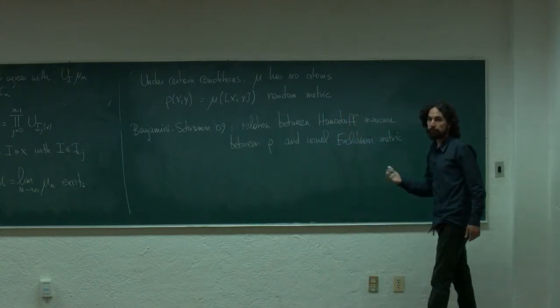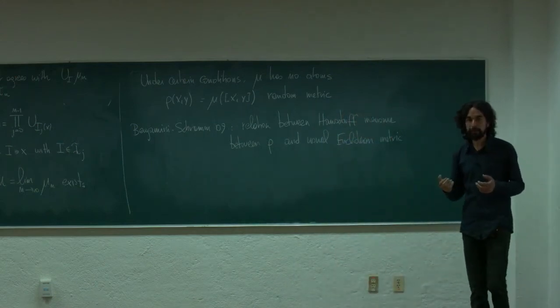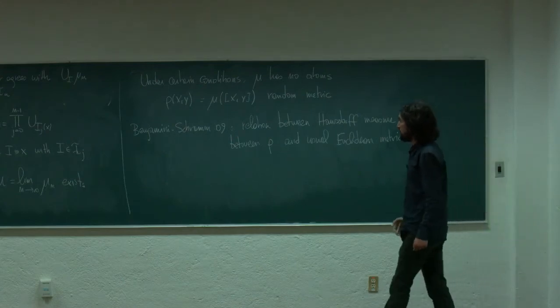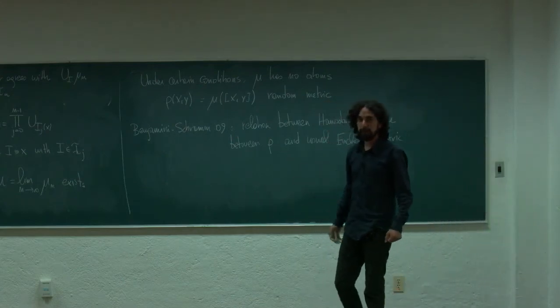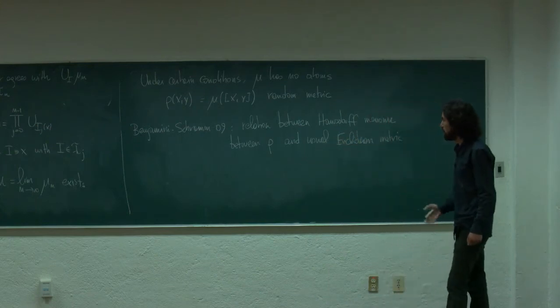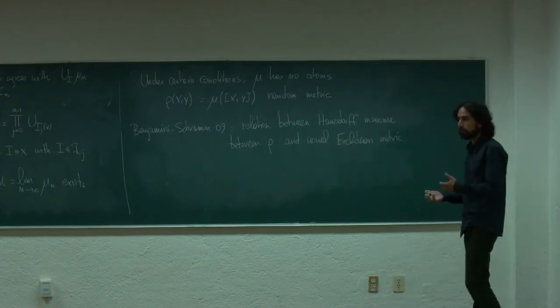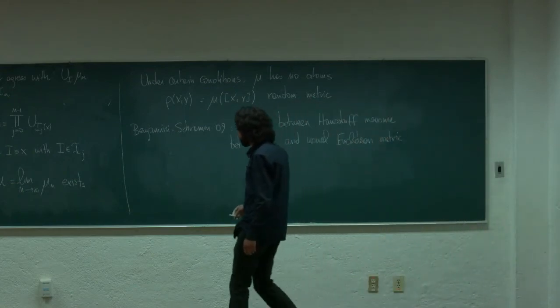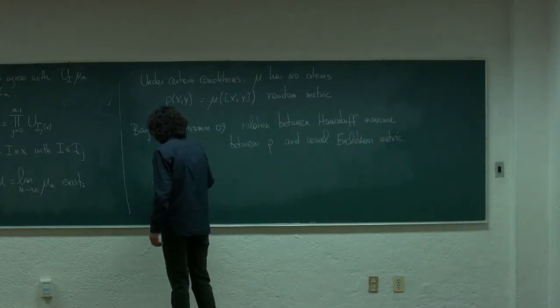So it's a formula that relates the two quantities. So you take a compact subset of the interval [0,1]. You compute the Hausdorff dimension on the one hand with the random measure, on the other hand with the usual Euclidean metric, and there is a relation. And this is known as the KPZ formula.